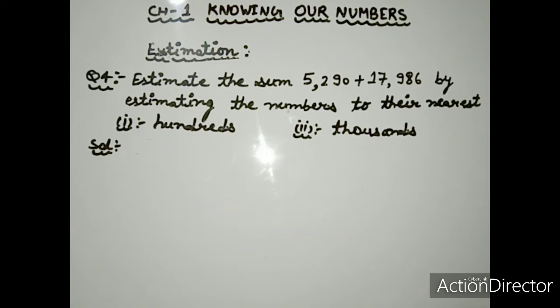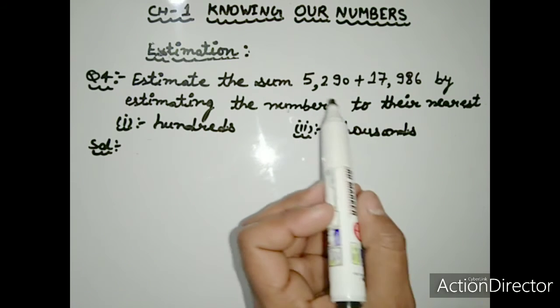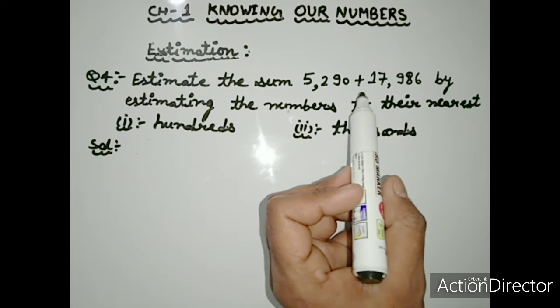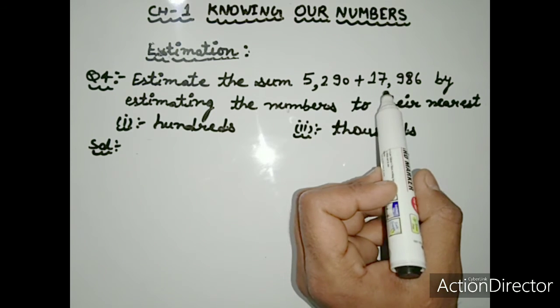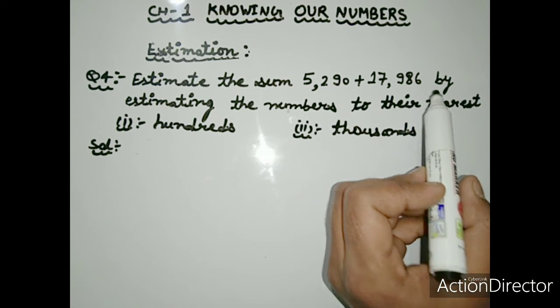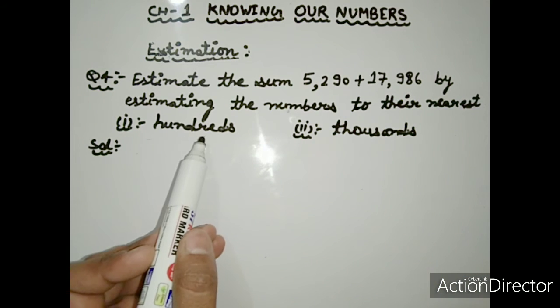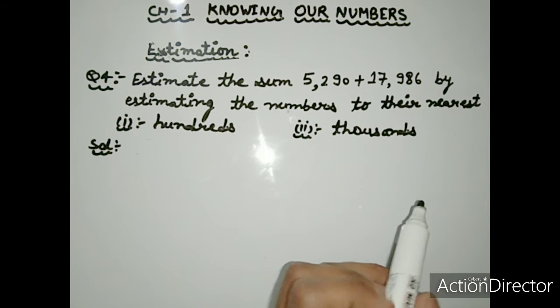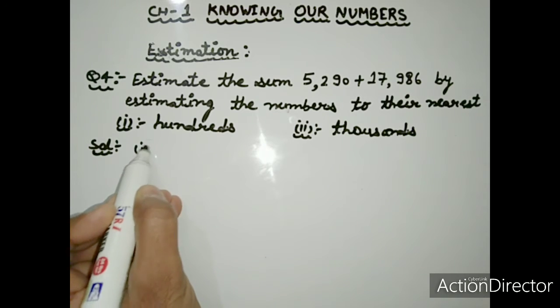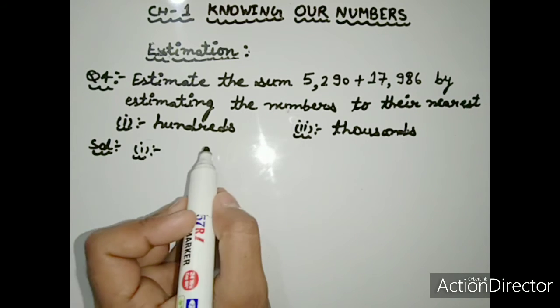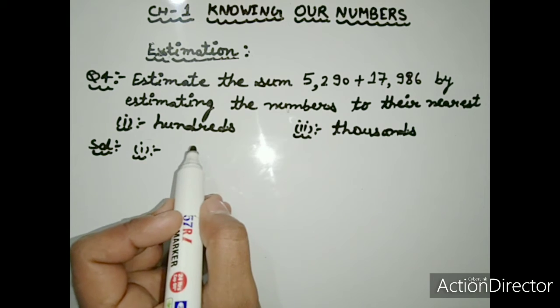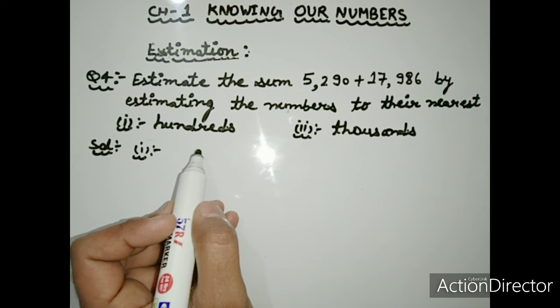Now here we solve the next question. Estimate the sum 5,290 plus 17,986 by estimating the numbers to their nearest, first hundreds and second thousands. So here first we find the sum by estimating the numbers to the nearest 100.